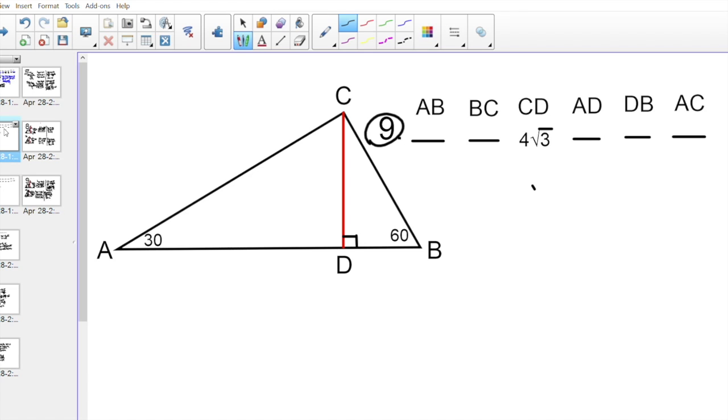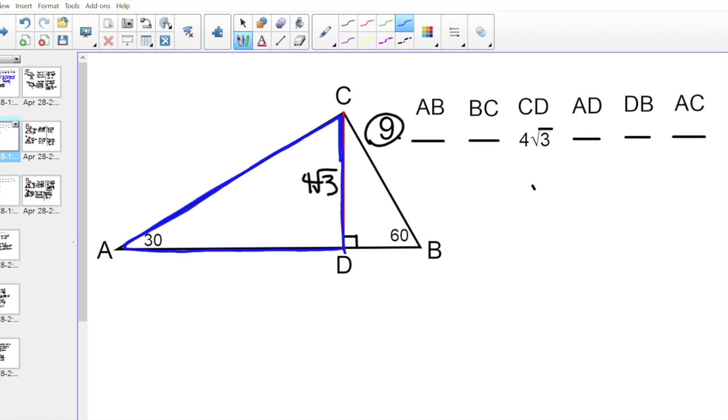On number 9, you have CD is 4 on the square root of 3. Now CD is the length in 2 triangles. The little one on the left, I'm going to trace over it in blue. CD is the side in this triangle right here.